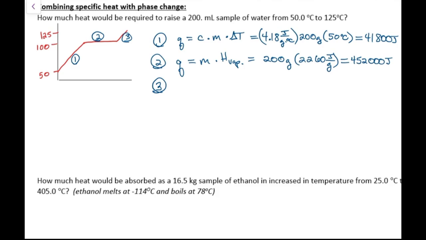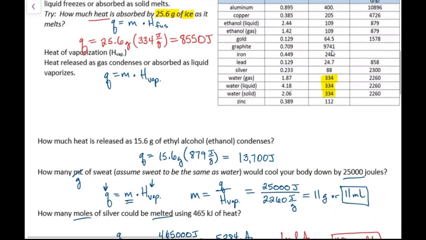All right, and then if I look at step 3, this last little leg from 100 up to 125, that's going to be specific heat times mass times delta T. Now be careful here. You're going to be tempted to use 4.18 again because it is still water. But if you remember, water in the gas state has a different specific heat. That's on the last worksheet that I gave you, and it's also up above on this worksheet.